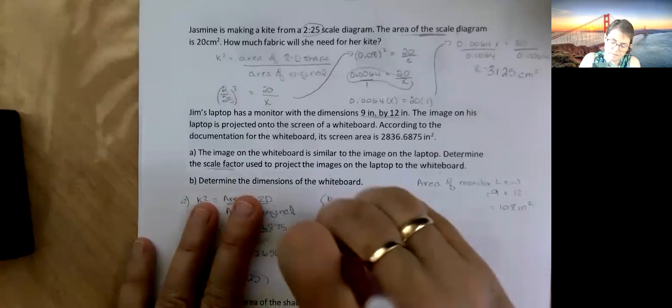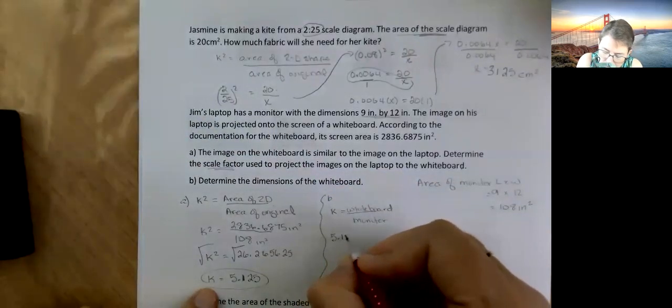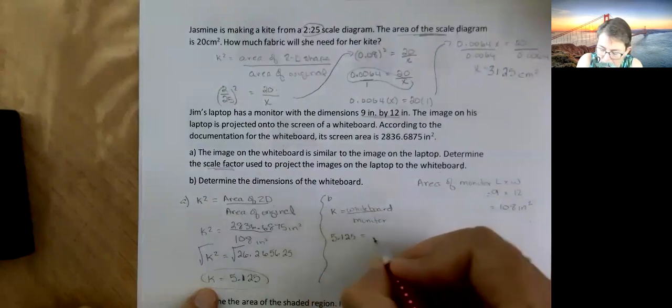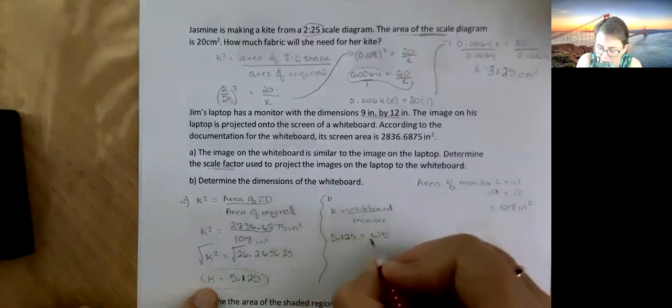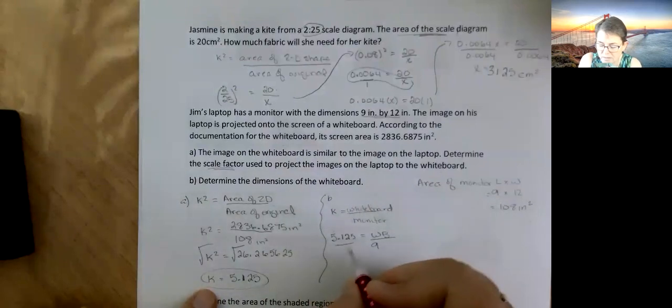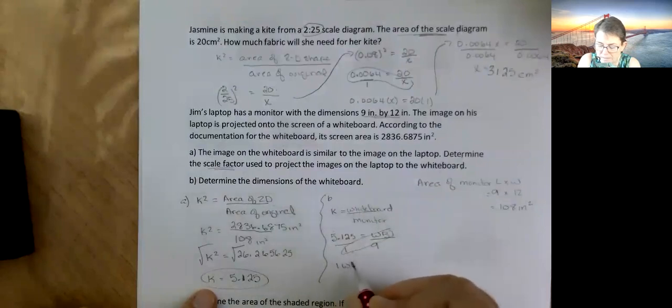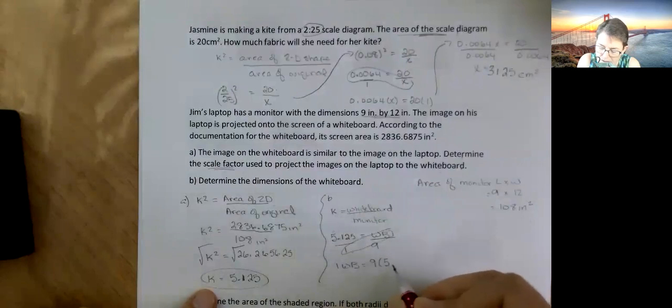We know what k is. 5.125 is equal to whiteboard over 9 inches. So put that over 1, and 1 whiteboard is equal to 9 times 5.125, which I said previously.